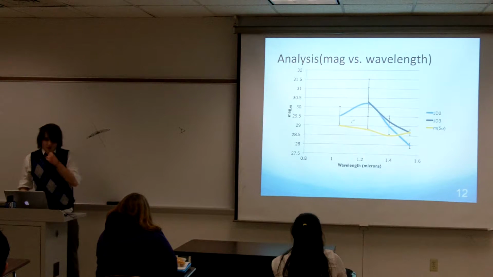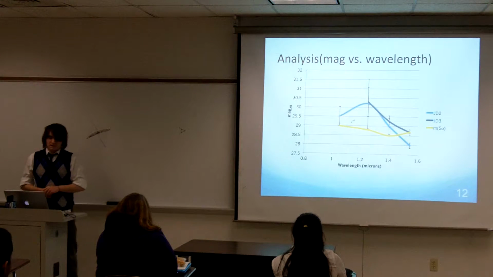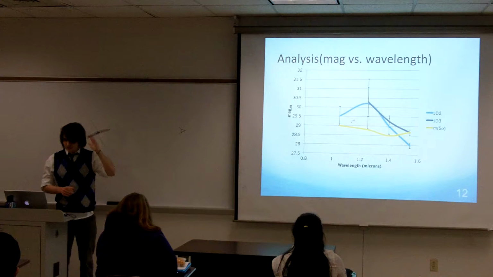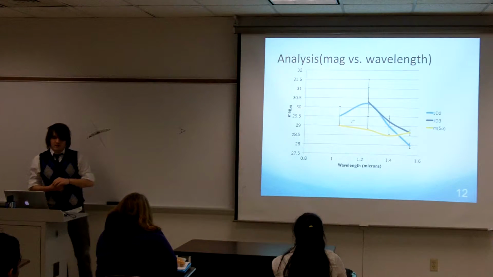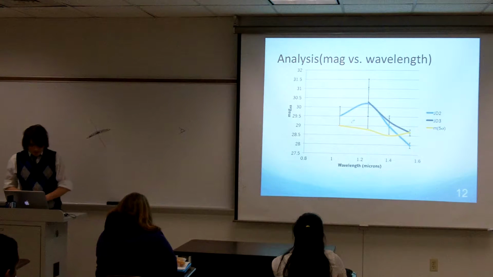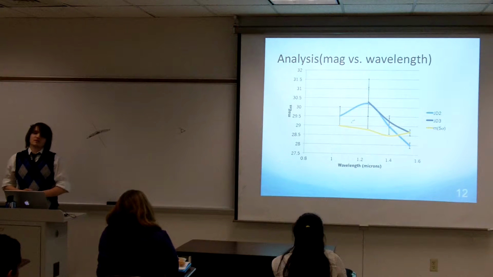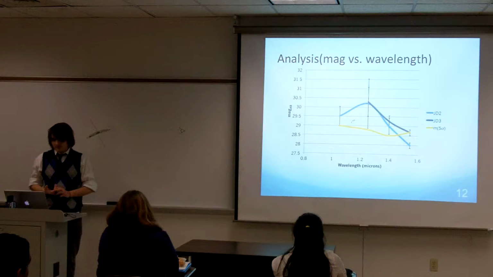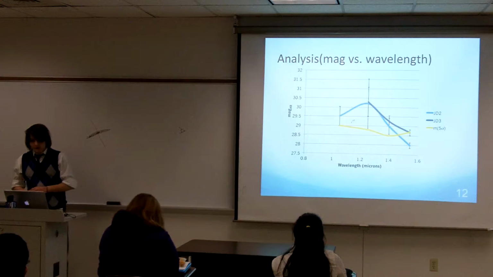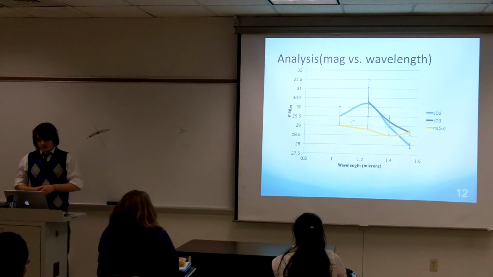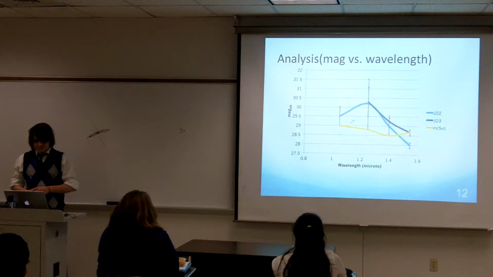Okay, so this is the graph I was talking about earlier. It's magnitudes going dimmer as you go up, and wavelength getting bigger as you go to the right. The limitations of certain filters are in yellow, and the two galaxies I talked about earlier, the ones at high redshift, are in green and blue, and each of them have the corresponding error bars.